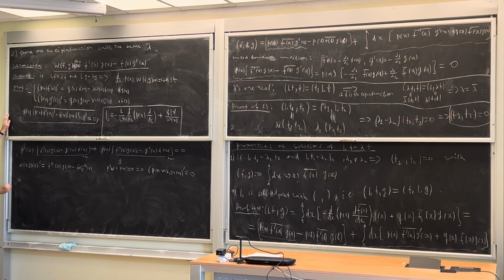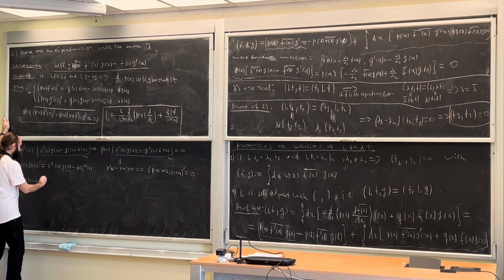So we know that the Wronskian of f and g of x equals some constant over p of x.